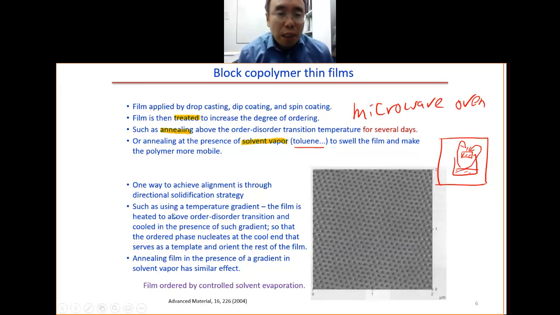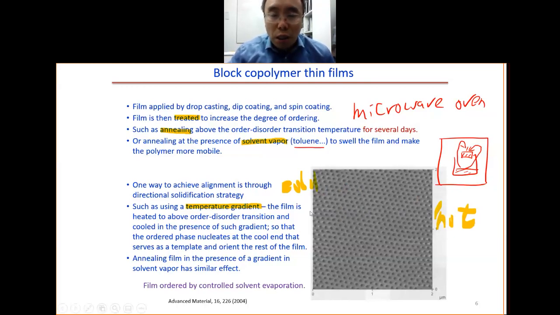One way to do this is to use a temperature gradient. For example, first you do the annealing process. You heat up, then you keep this end hot, at a higher temperature, and this end cold. So you have a hot-cold temperature gradient.